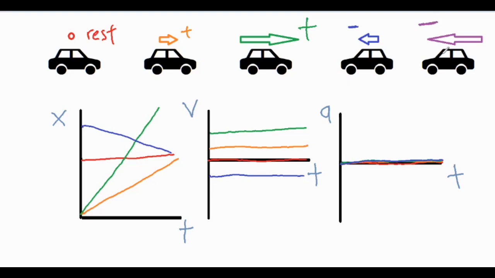Now going to our very last one, when we have a greater negative velocity, that means we have a greater change in negative position. So we are starting up here, but then moving backwards more and more quickly. It'll look something like that. Now, some people ask, is it moving backwards? It could be moving backwards.